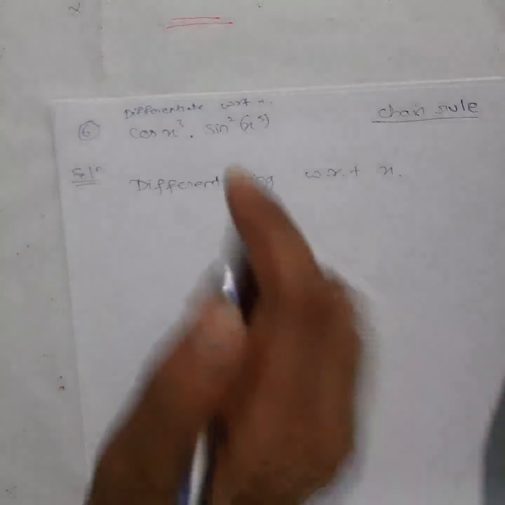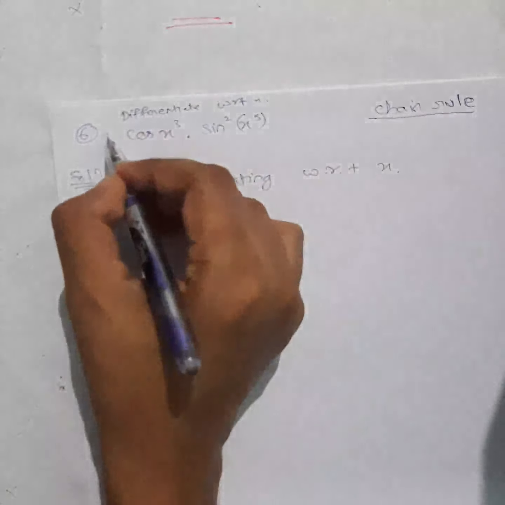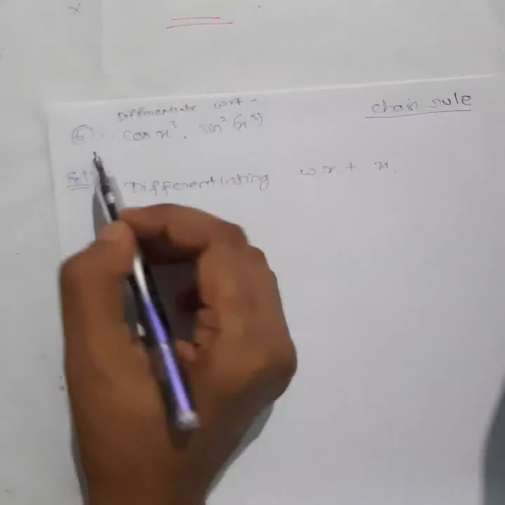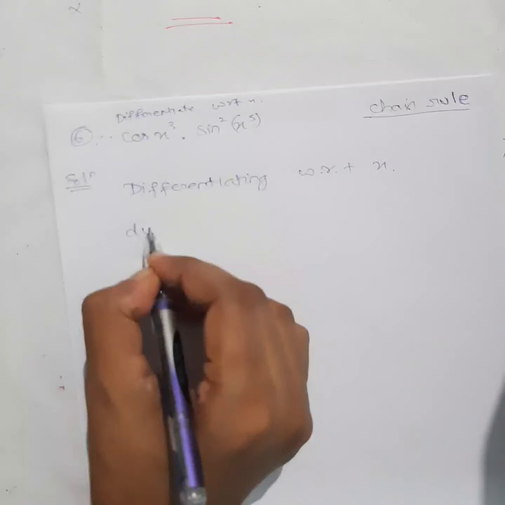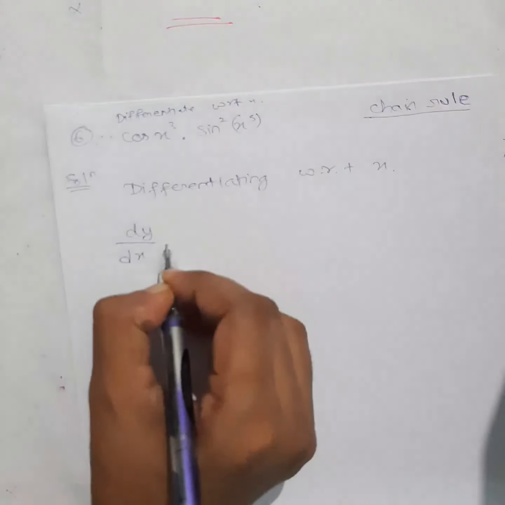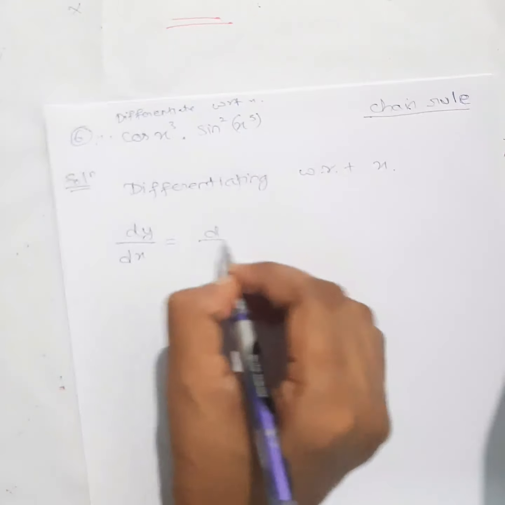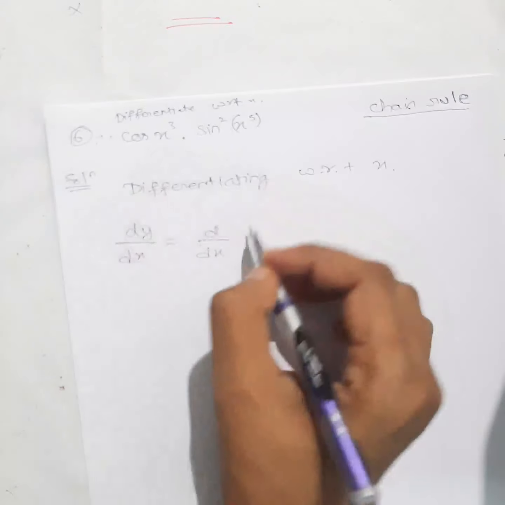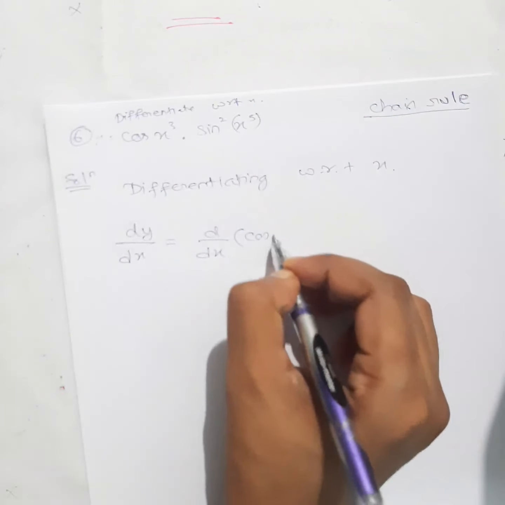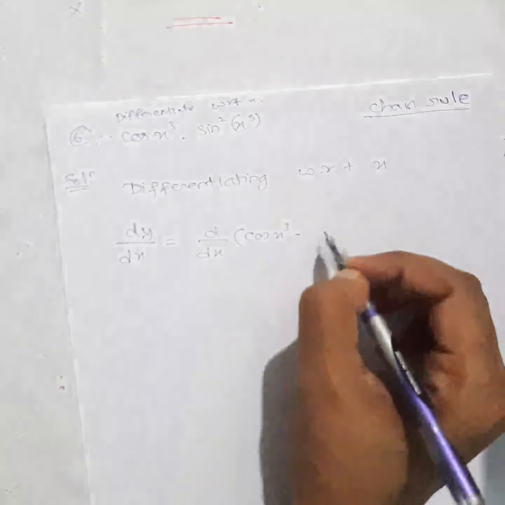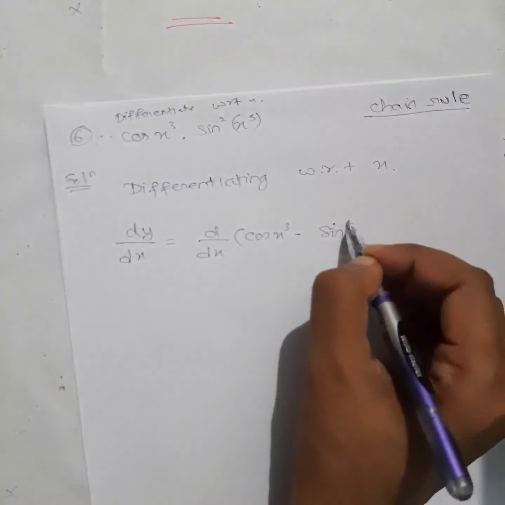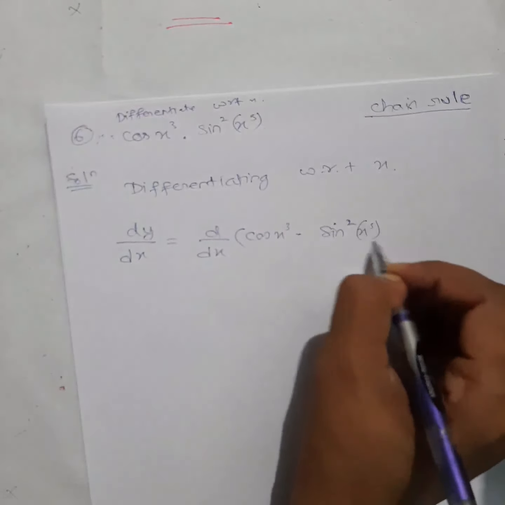So this function which is given, which we used to take as y, right? y equal to this one. So we used to differentiate, and the notation we used to give is dy by dx, right? What is your y here? Cos x cube dot sine square x to the power 5.